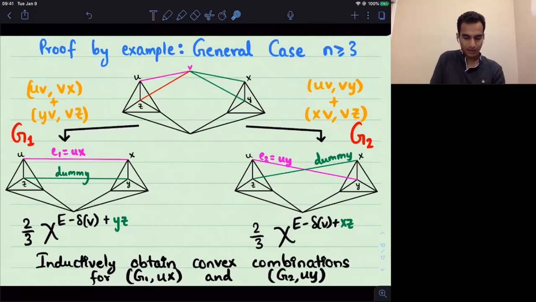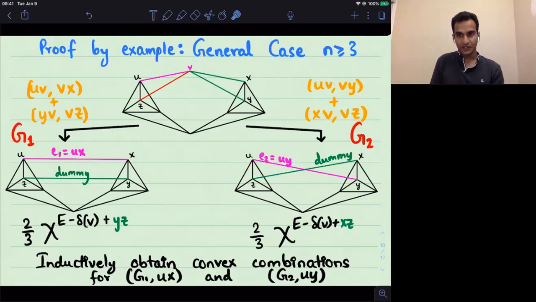Whatever is the splitting off operation, the partner of UV gives rise to a new dummy edge. We'll designate that as the excluded edge for the sub-instances that we create.